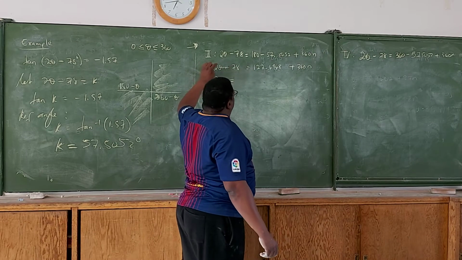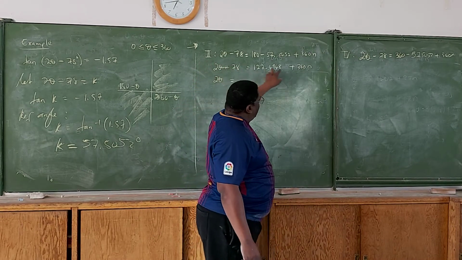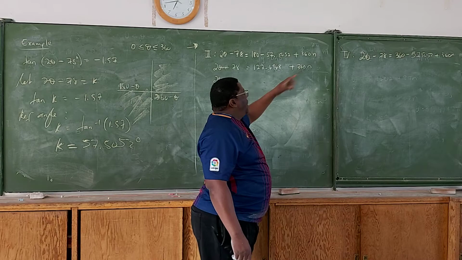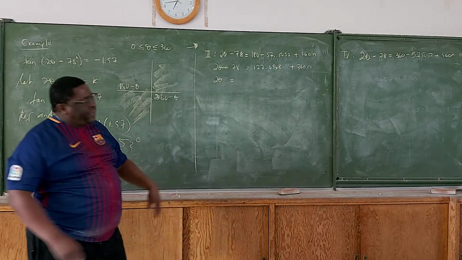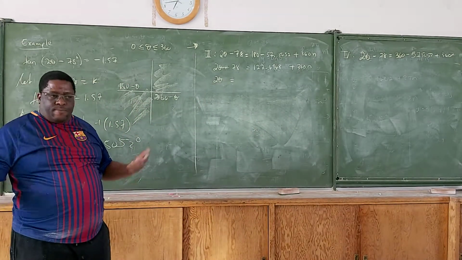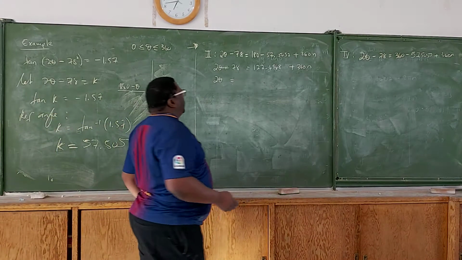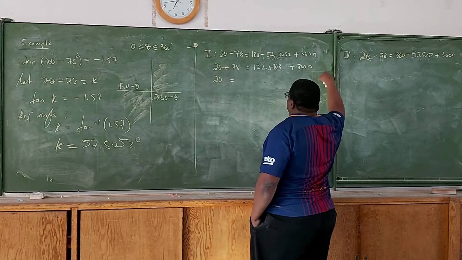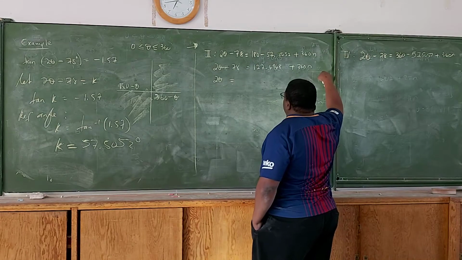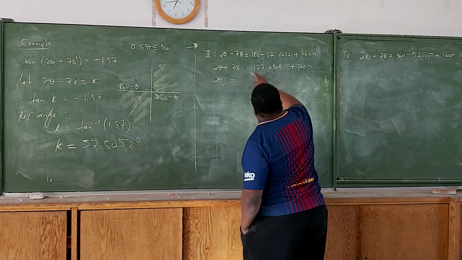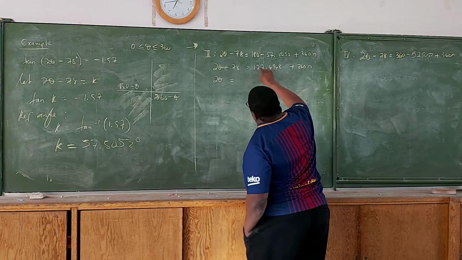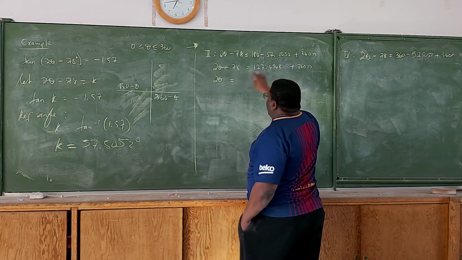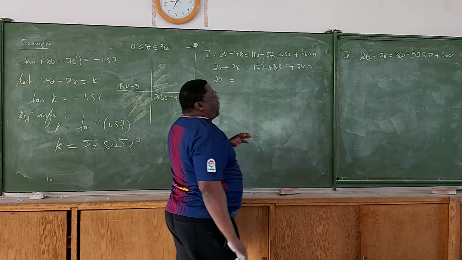The problem is if you add 78, you can't add 78 there, because in order for me to get rid of this, I must add 78. You follow what I'm saying? Even if I put this in brackets and I'm adding 78, I can only add the 78 to the 122. So add the 78 to the 122 point blah blah blah.